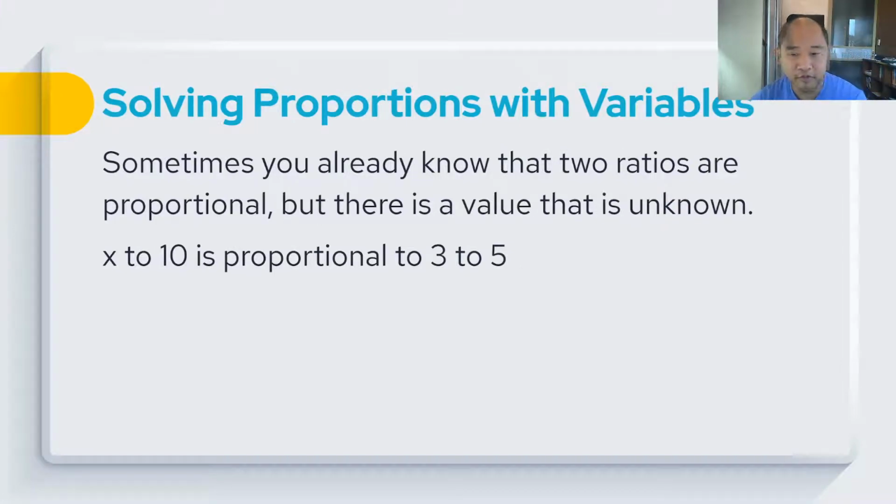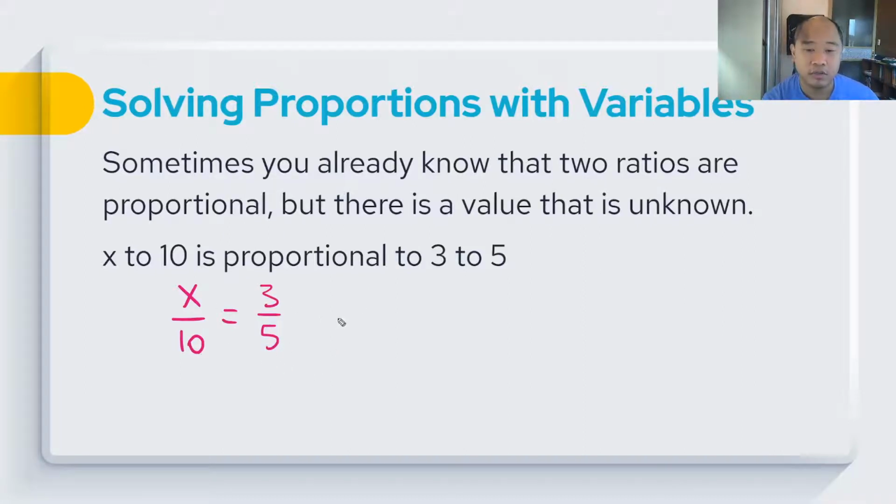Solving proportions with variables. Sometimes, in fact often, you know that two ratios are proportional, but there is some value you don't know. And this is really what most real life proportions look like. So you know that x over 10 or x to 10 is proportional to 3 over 5.